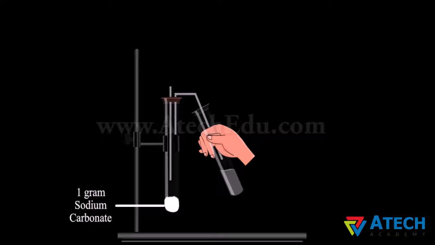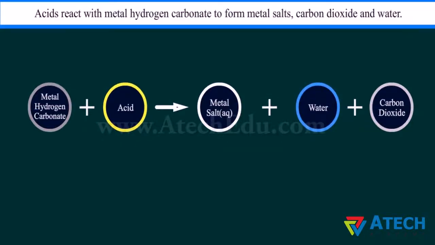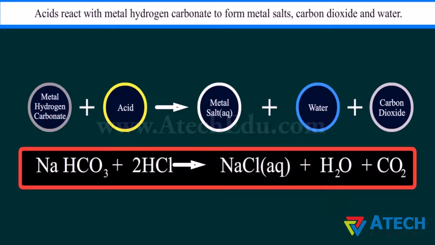Pass this gas into freshly prepared calcium hydroxide solution, which is nothing but lime water. Calcium hydroxide changes to calcium carbonate in the presence of carbon dioxide. Upon continuous stirring, the mixture changes to green color, which is copper chloride.